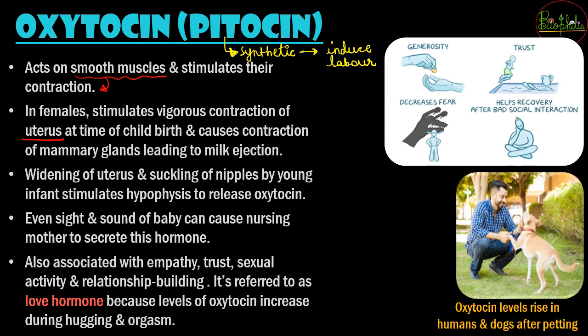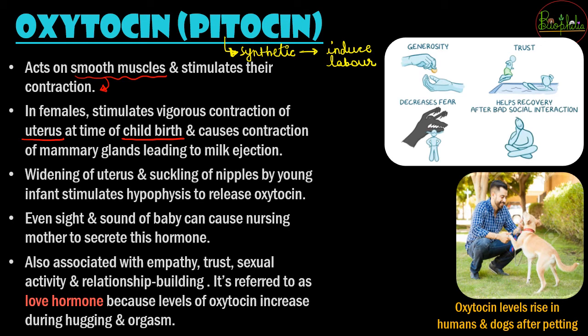So uterus में जो smooth muscles होंगे वो contract करेंगे, and uterus में भी what layer? It will be the myometrial layer, wherein the contractions will start, and in that the child is going to come out, that is parturition will be started because of oxytocin.